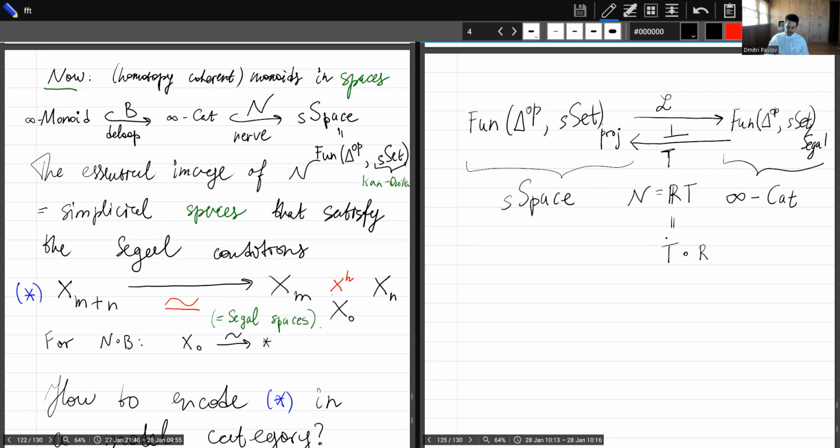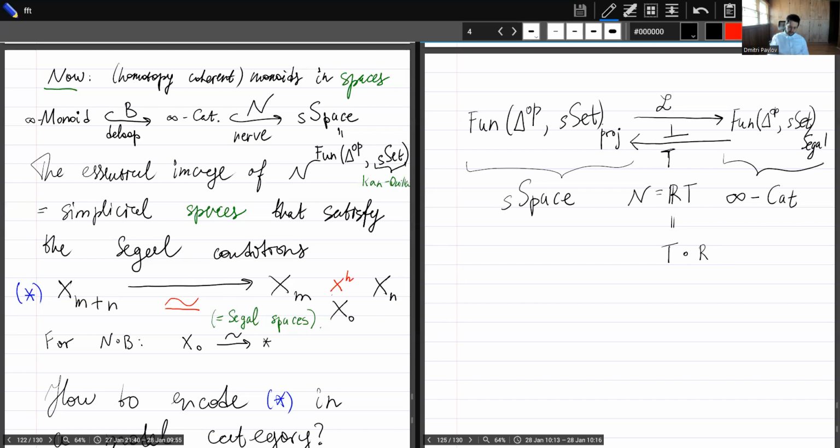So in the model with left Bousfield localizations, the homotopy coherent nerve functor is implemented by basically the fibrant replacement functor that replaces an arbitrary simplicial object in simplicial spaces with a weakly equivalent Segal space.